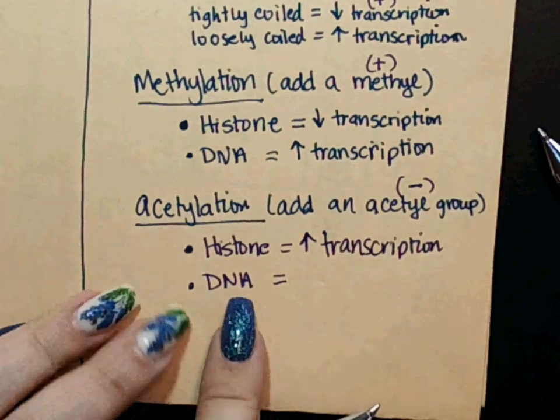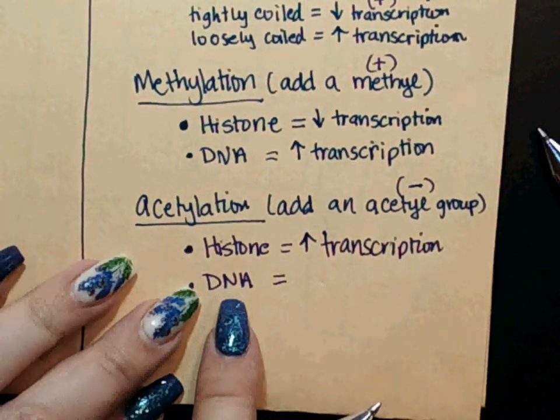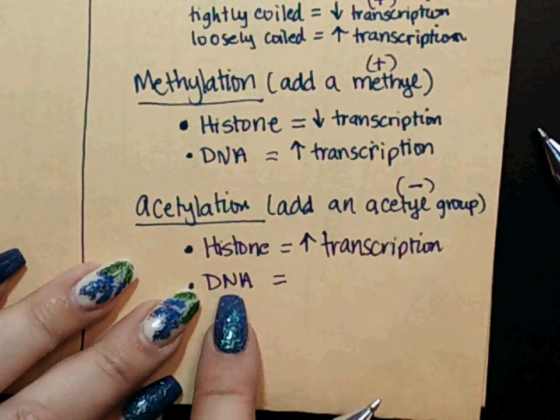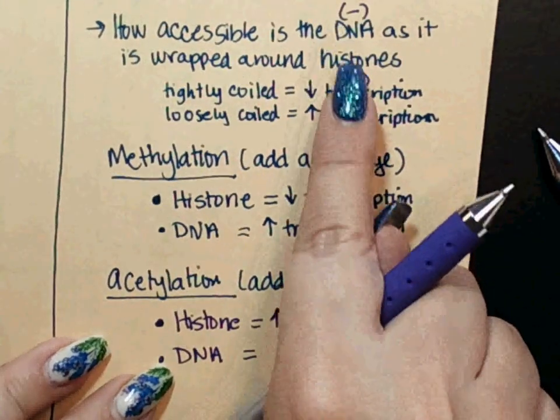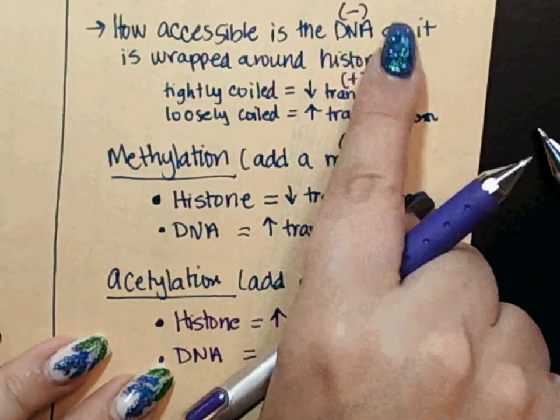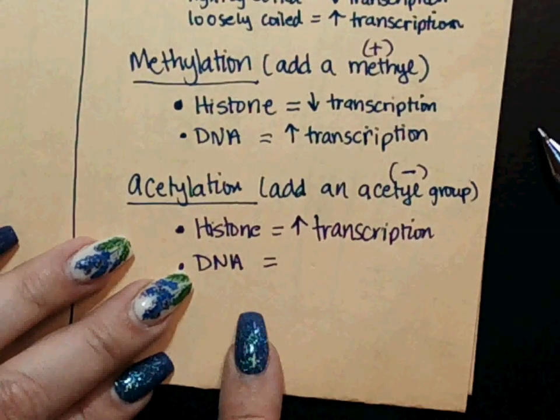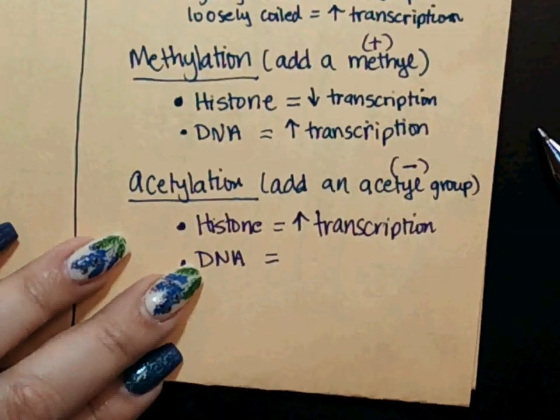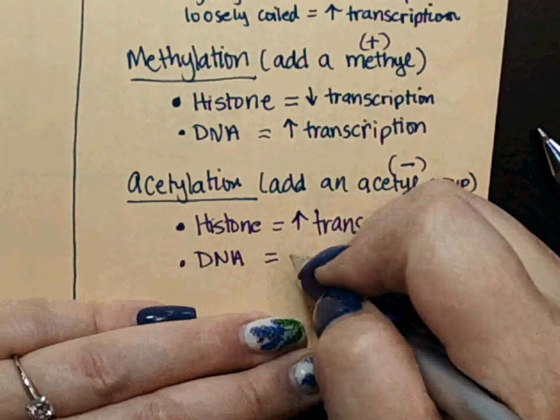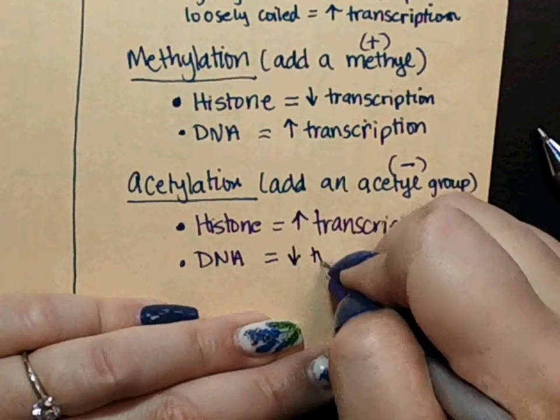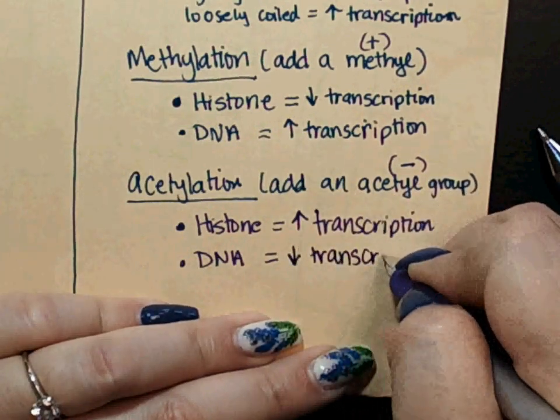Then, contrastingly, if you acetylate or make the DNA more negative, so the DNA was already negative, attracted to the positive histones, if you increase that negative charge of the DNA, you're going to increase how tightly wound it is around the histone, and therefore that's going to cause a decrease in transcription.